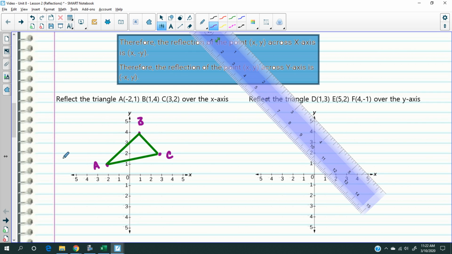Now I'm going to label the points on the triangle too. I'm going to go (-2, 1), (1, 4), and (3, 2).